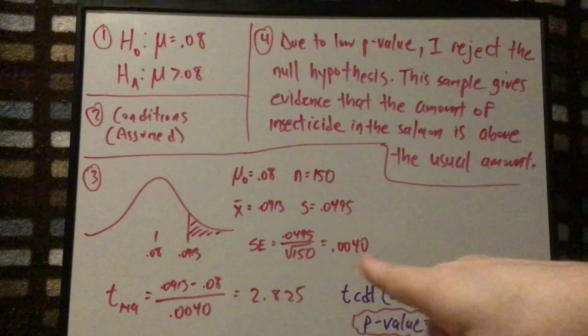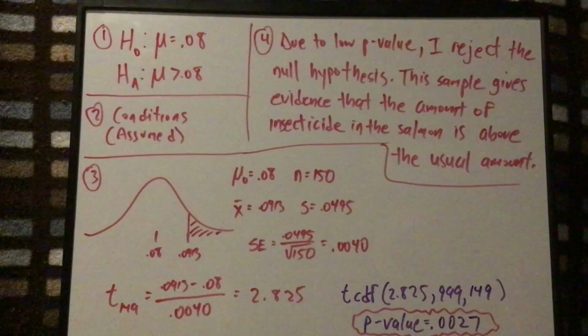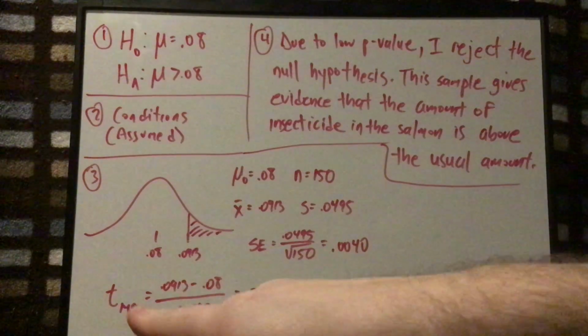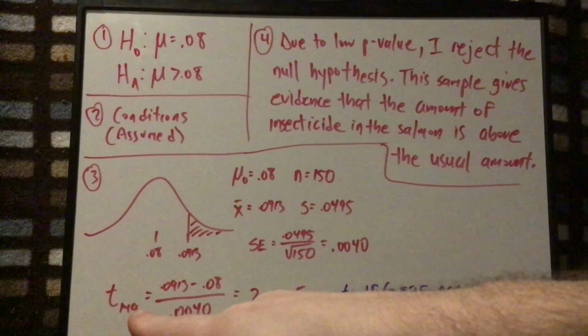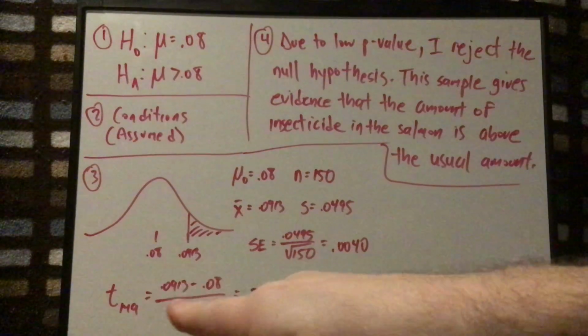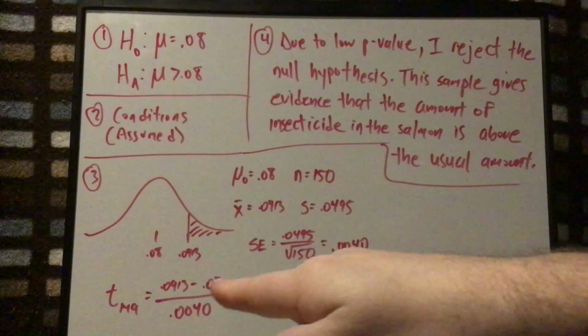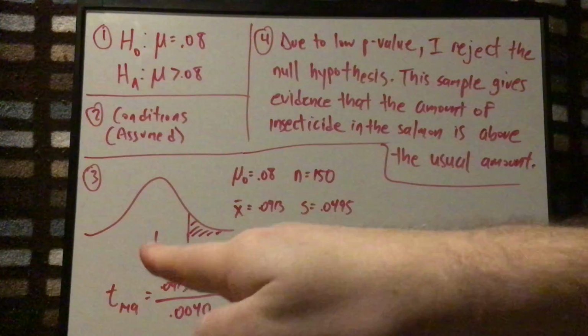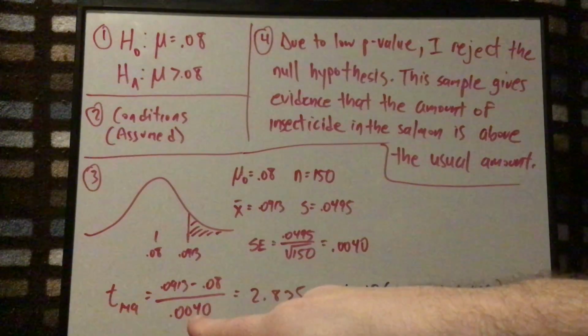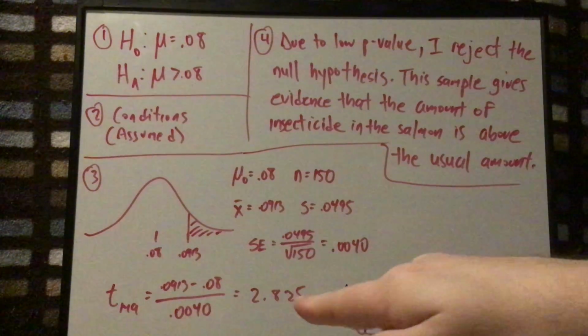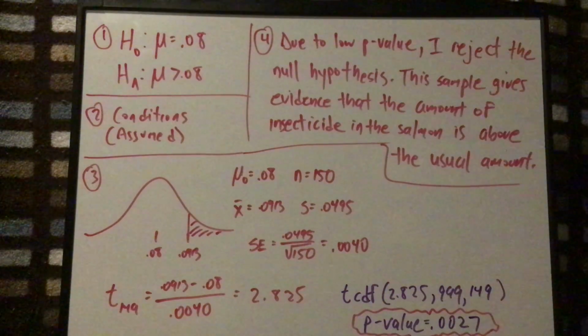I need the standard error. Standard error is 0.0040. I need a t-score using 149 degrees of freedom. I'm going to take my sample minus my hypothesized mean to see how far away it is, if this is true, based on standard errors. It's 2.825 standard errors away.